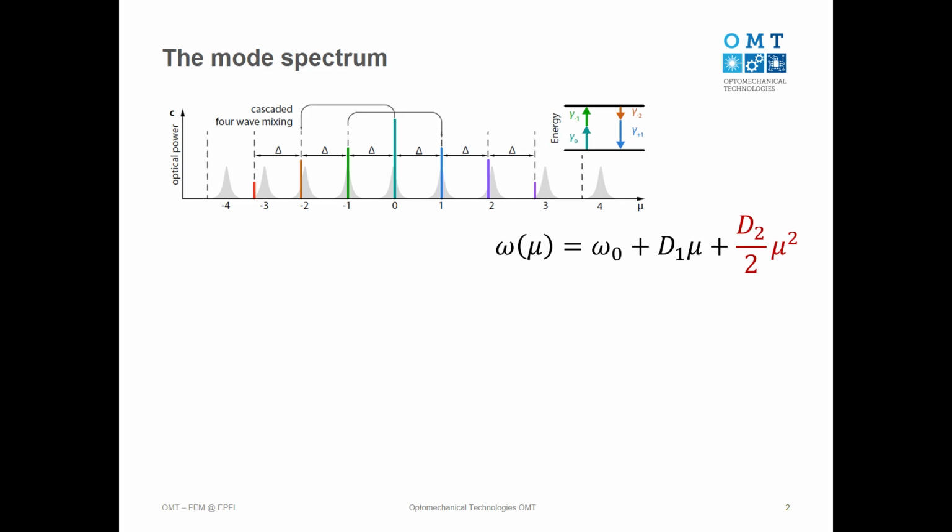But if you imagine a cavity has a series of resonances at a series of resonance frequencies, you might naively assume that all the resonances are exactly evenly spaced by the free spectral range. But really they're not, of course, because different frequencies travel at different speeds. There's a deviation.